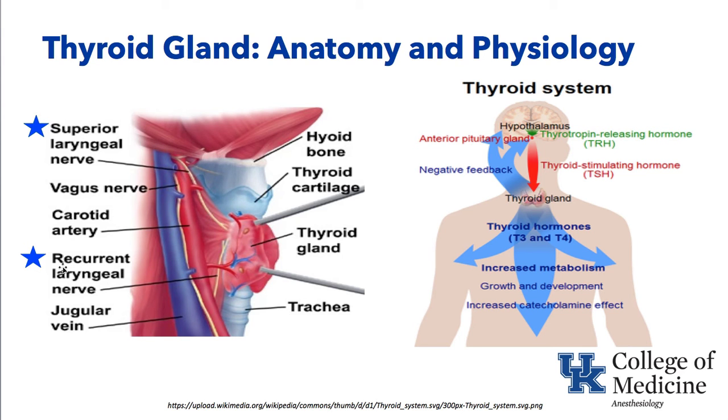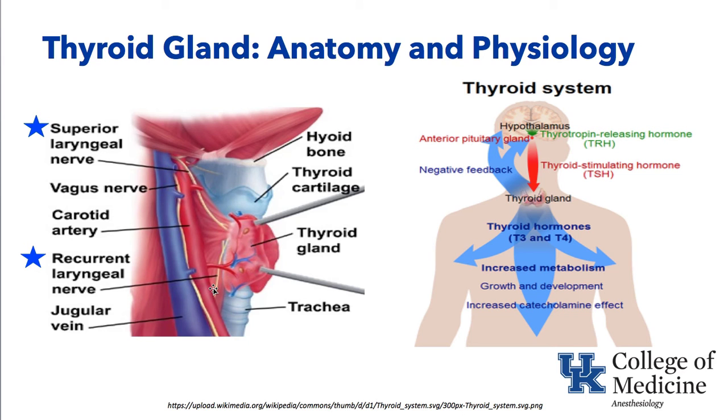Well, the recurrent laryngeal nerve is also near the thyroid, and it supplies sensation below the vocal cords and all the muscles of the vocal cords except the cricothyroid. So injury to either of these nerves during thyroid surgery could result in problems with vocal cord movement postoperatively.